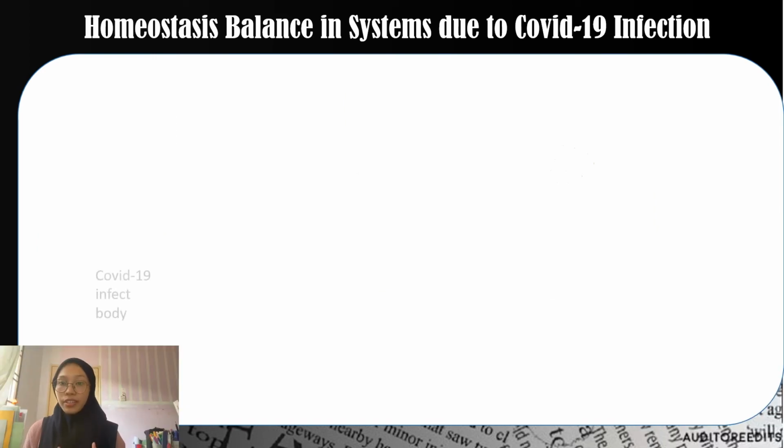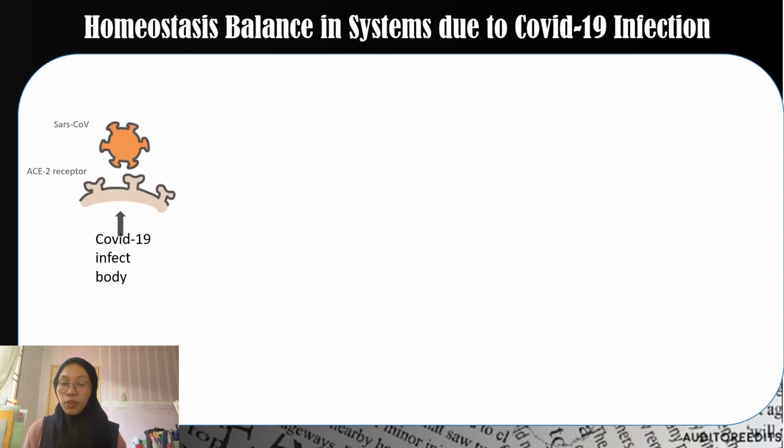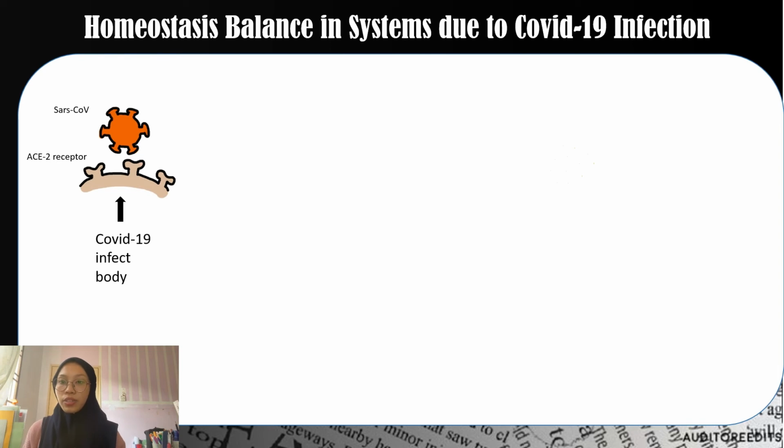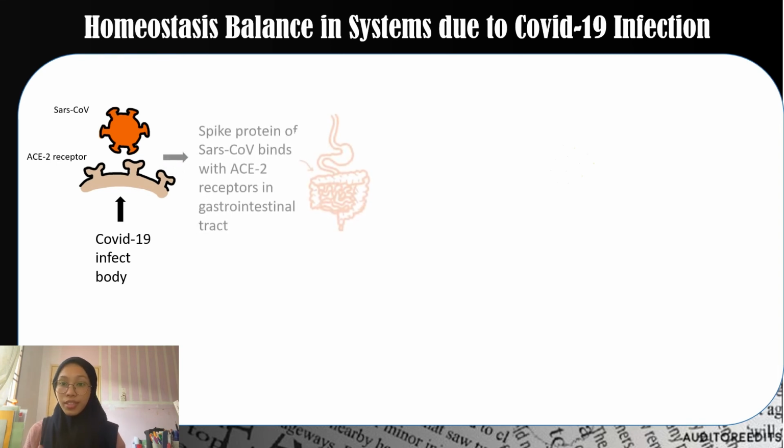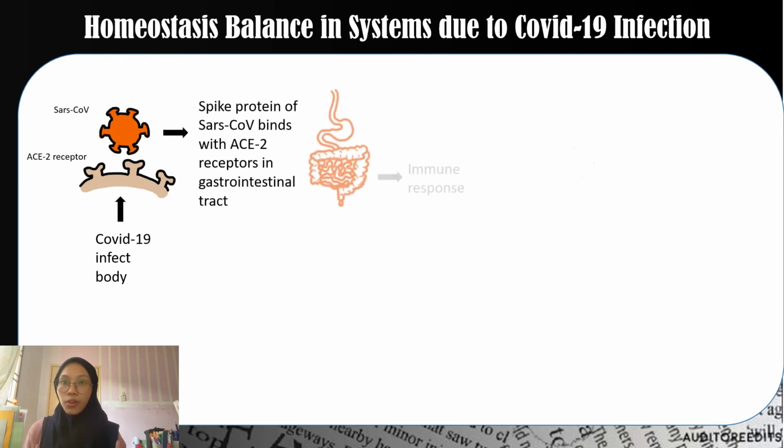COVID-19 infection can also lead to a bloated abdomen. So when the spike protein of coronavirus binds to the ACE2 receptor in the gastrointestinal tract, it will cause inflammation due to the immune response and secrete cytokines in large amounts.